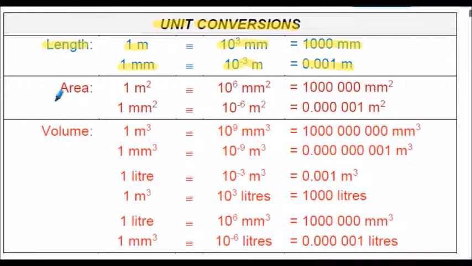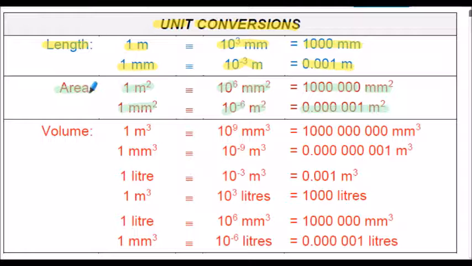From our previous presentation related to areas, we know that 1 meter squared is equivalent to 10 to the power of 6 millimeters squared, or 1,000,000 millimeters squared. Conversely, 1 millimeter squared is 10 to the negative 6 meters squared, or 0.000001 meters squared. So when we're converting linear lengths, 1 meter is 10 to the power of 3 millimeters.